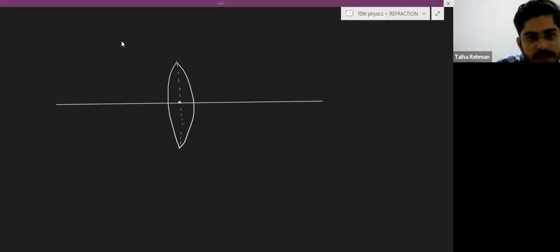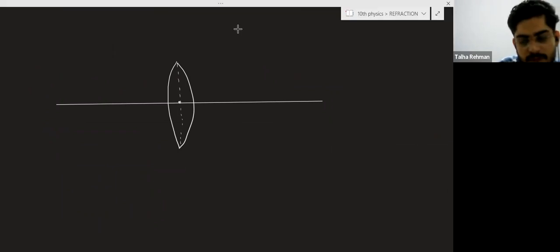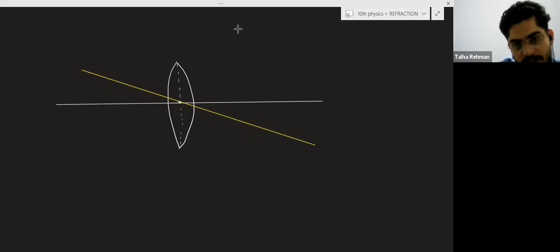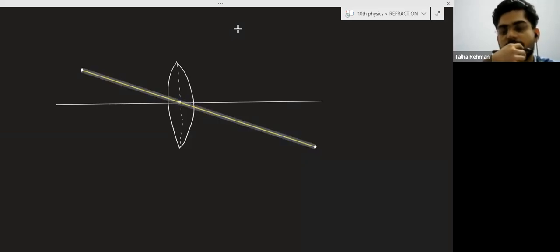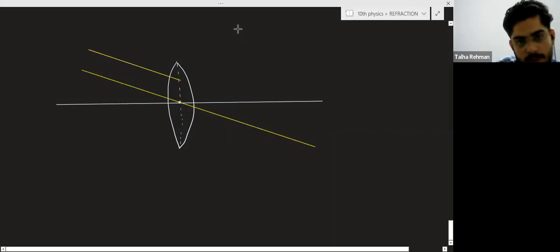The rays will come from infinity, and from infinity there are always parallel rays originating.